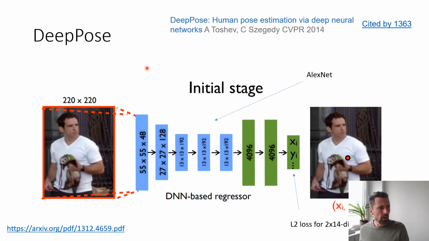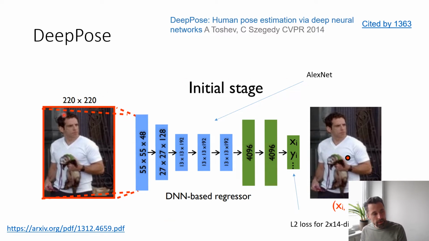So DPose was a pretty early network that predicted those key point positions by regressing based on the input image to 14 different key points. So that was just a simple network that was used for single object or single entity pose estimation. So those 14 key points belong to the same human, or should belong to the same human.